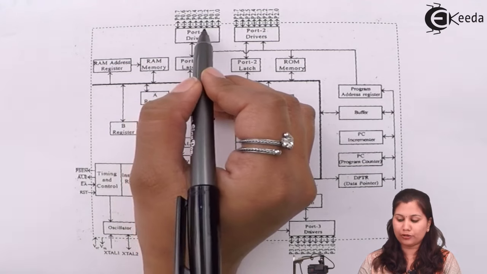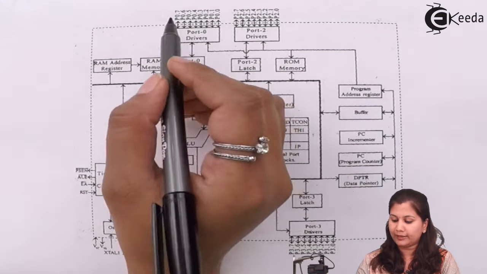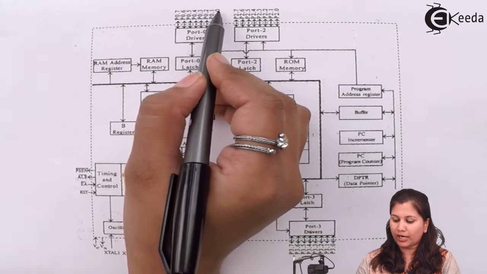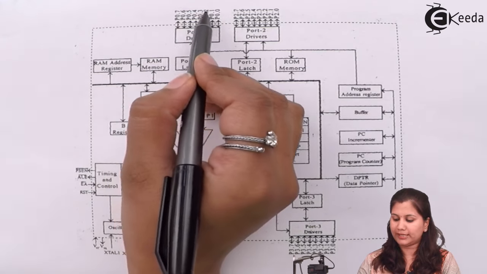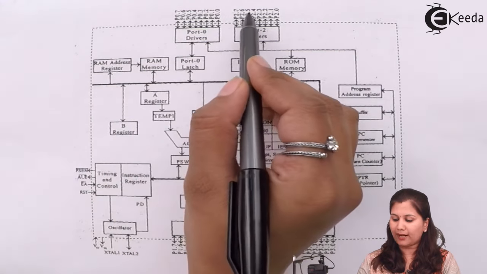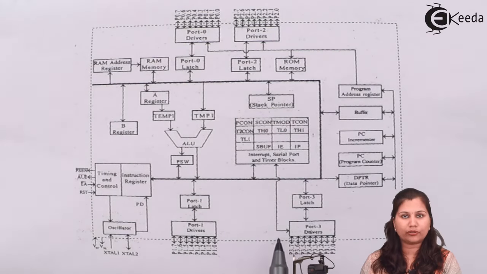These are bidirectional ports, so bidirectional arrows are drawn here, and there are 8 bits, starting from P0 to P7. These are the 8 bits for port 2, these are the 8 bits for port 1 and these are the 8 bits for port 3.